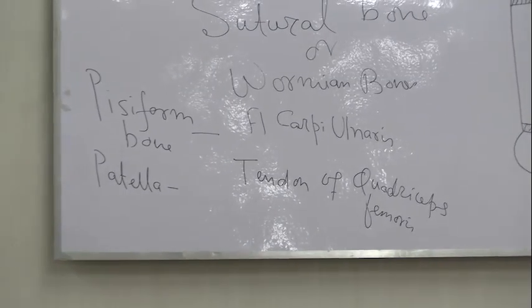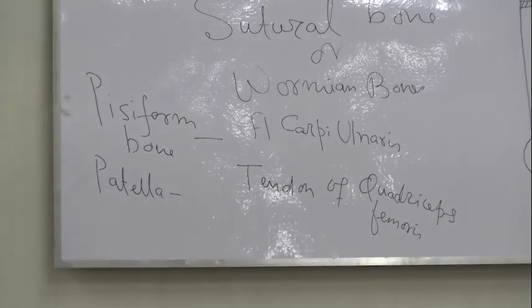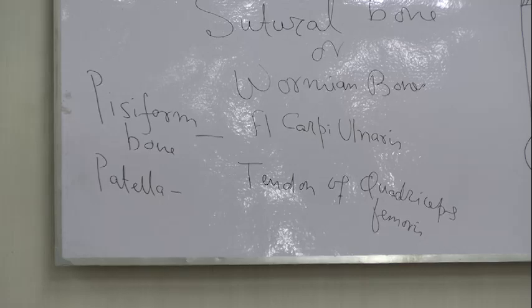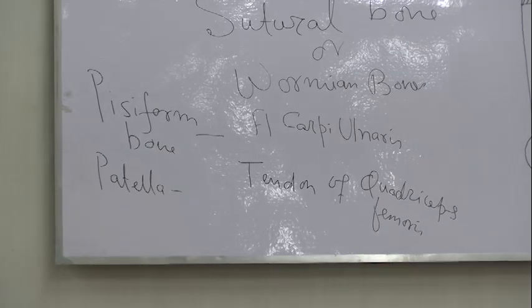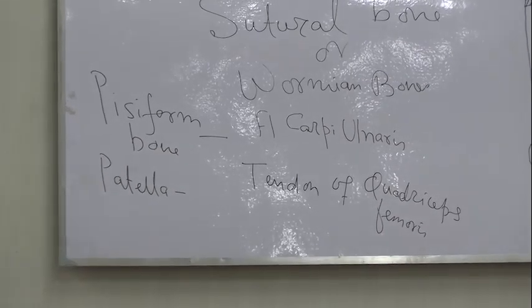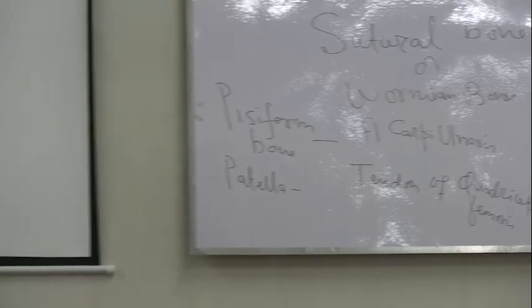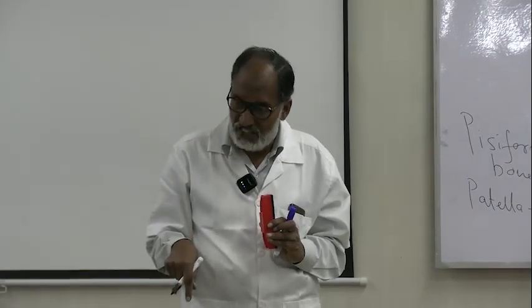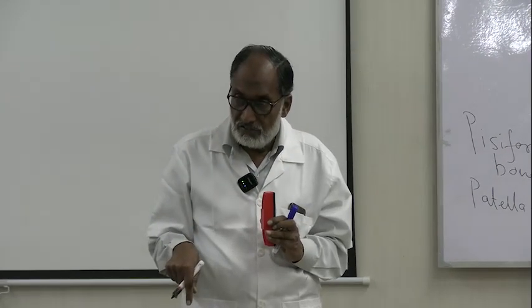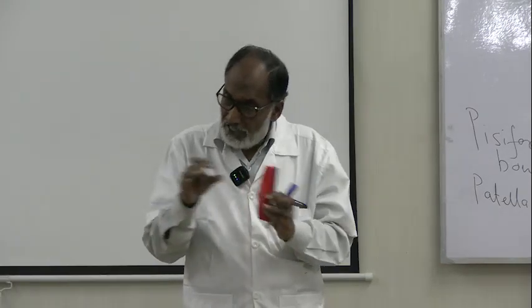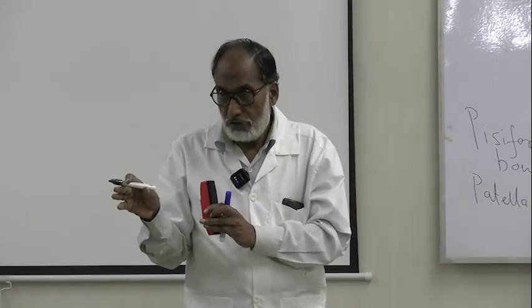At the head of the first metatarsal, there you will get two sesamoid bones, at what we call the big toe. In anatomical terms we call it hallux. So the adjective of hallux is hallucis.